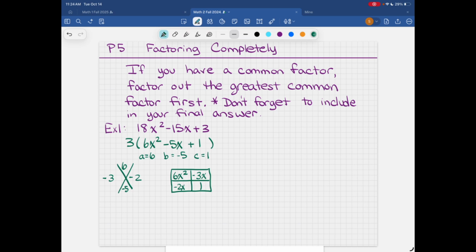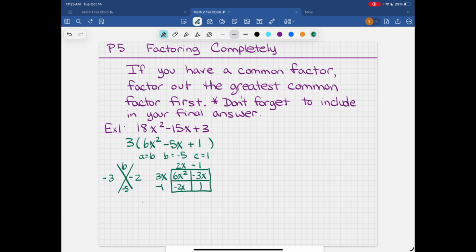Now I'm looking at the top row. 6x squared minus 3x have a 3x in common. And filling in the top above the 6x squared, 3 times 2x gives us 6x squared. And 3x times negative 1 gives us negative 3x. 2x times negative 1 will give me negative 2x, and negative 1 times negative 1 is 1.